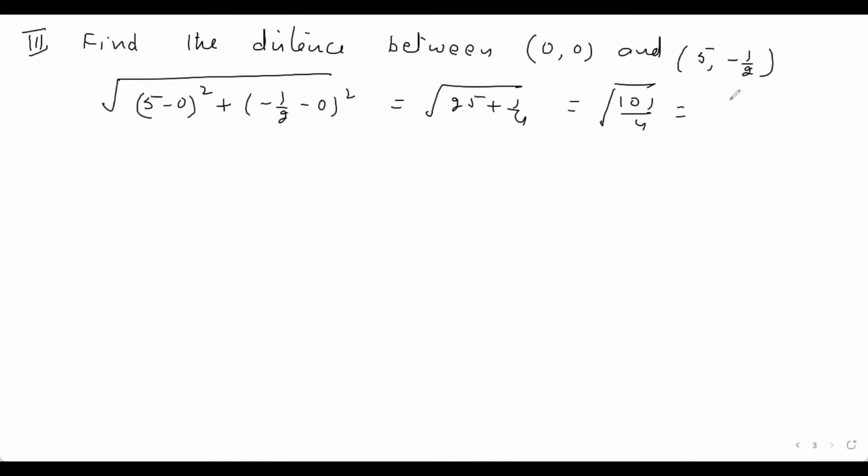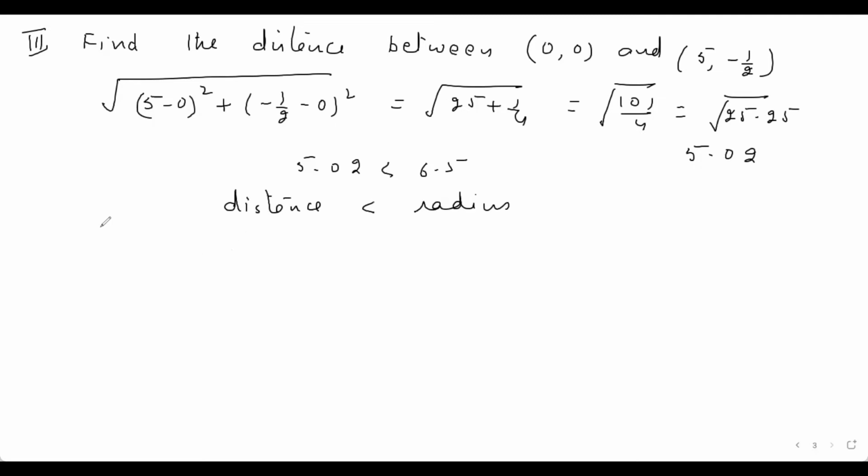So that is equal to 5.02. Again, this 5.02 is less than 6.5. So distance is less than the radius. So the point lies inside the circle.